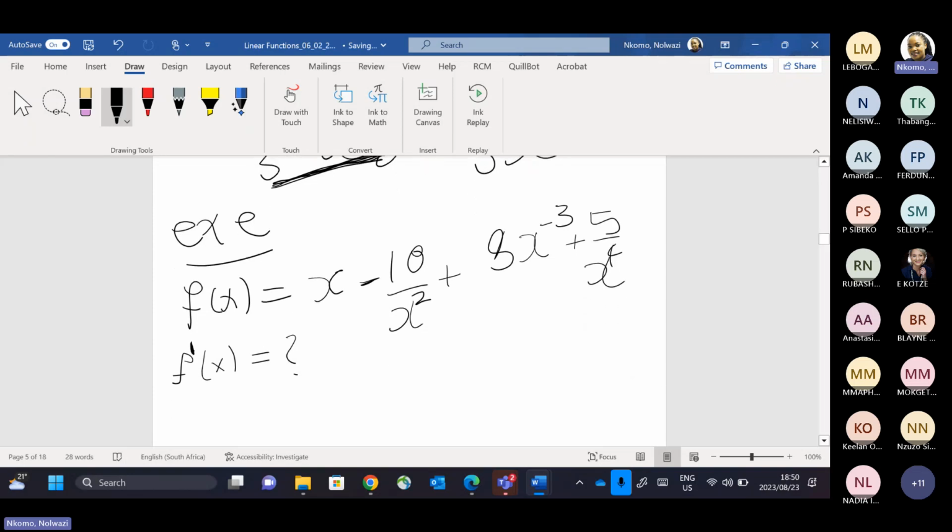Let's try and work on this one. Yeah, I'm giving you 5 minutes. This 5 minutes is too much, but you can have 5 minutes to work on this one. After 5 minutes, we'll work on it together. But please try and attempt this one and solve that one.